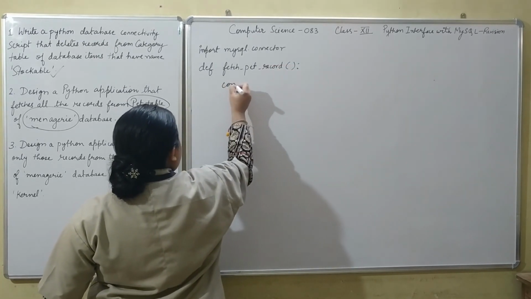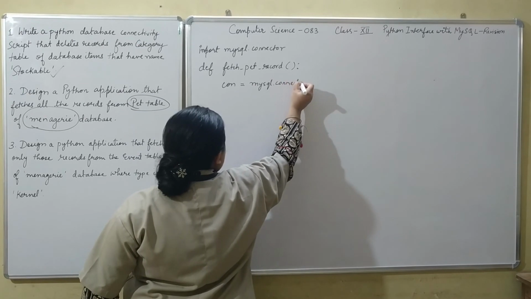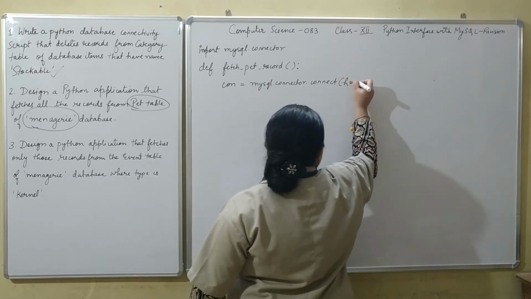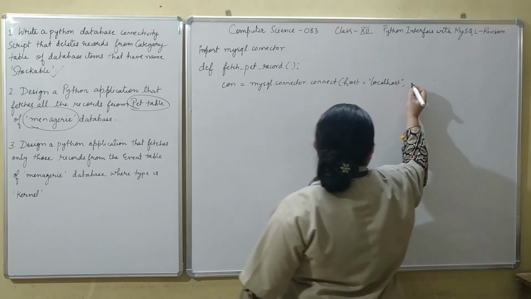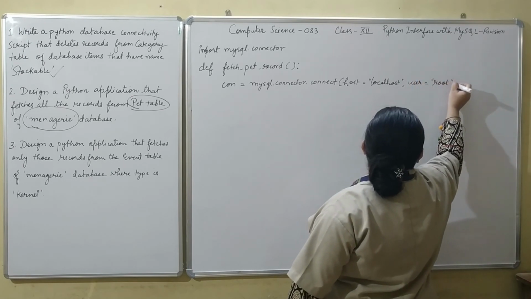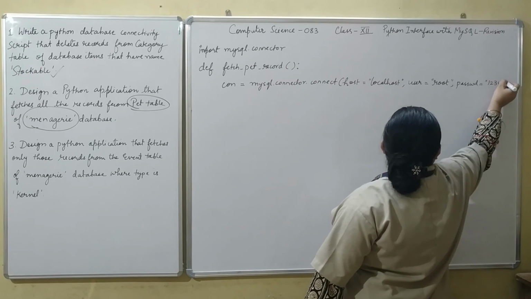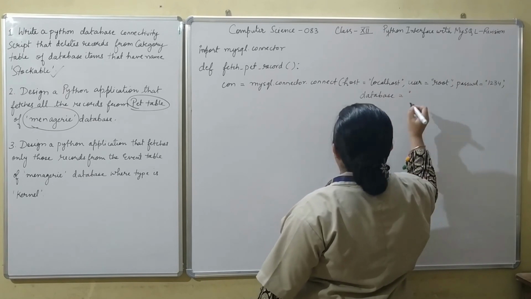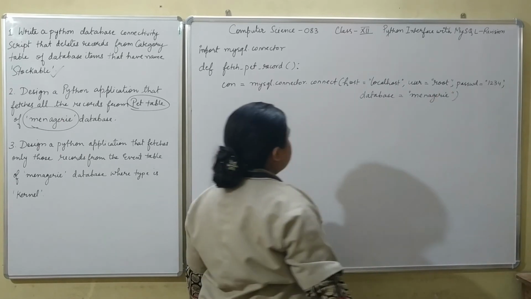So now I'm going to create a new connection object first. So the name of the database is Menagerie. This is the name of the database.